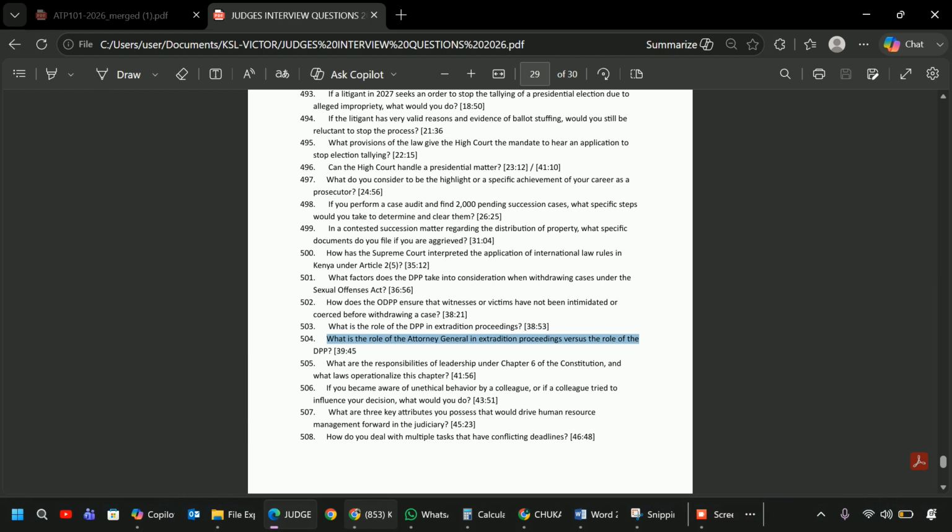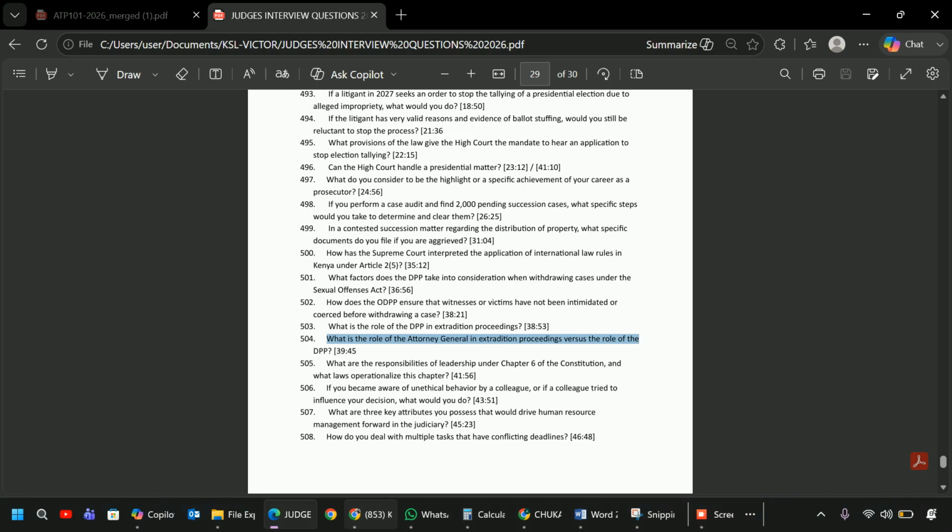So maybe to sum it up, you have the requesting stage: an incoming request to the AG, sent to the DPP. There is an arrest, there is a provisional warrant. There is arraignment of the arrested person as soon as practicable, pursuant to Section 9.